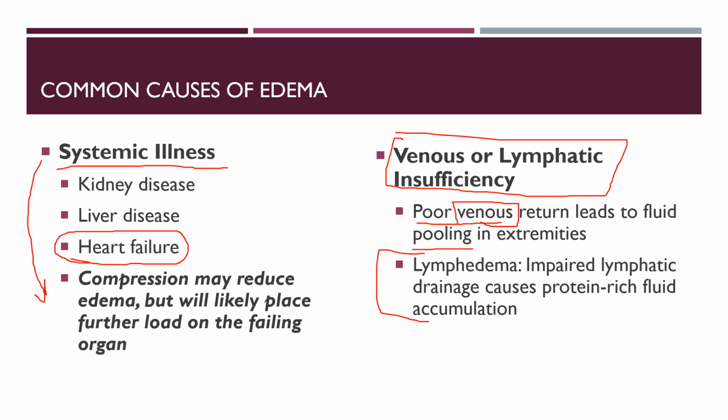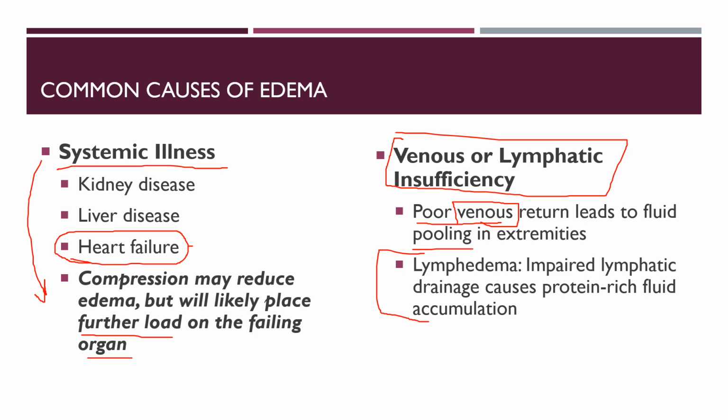compression can possibly be used, but we need to really take extreme precaution here, okay? Because if we compress, let's say at the lower extremities of a patient with heart failure, we're going to push all that fluid back up towards the heart more proximally, and that's going to place even greater load on something that is like an already failing organ.